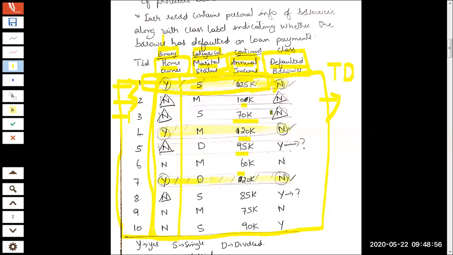For example, customer A, Anil, who was a house owner, who was single and whose income was 25K, has not defaulted. That was the observation we obtained from Anil's record, which was entered in the database.